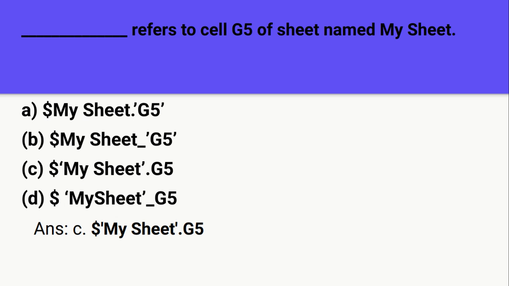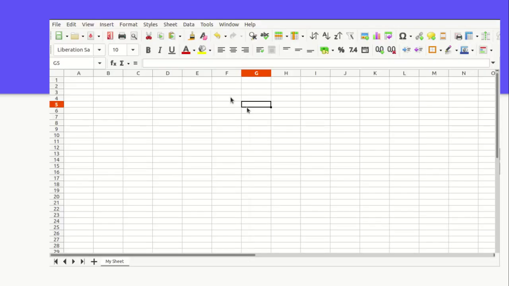Then my sheet. That is our sheet name here. So this one, then put one dot, then G5 means this cell. So the answer is C. Suppose we are referencing this one, G, then 5.